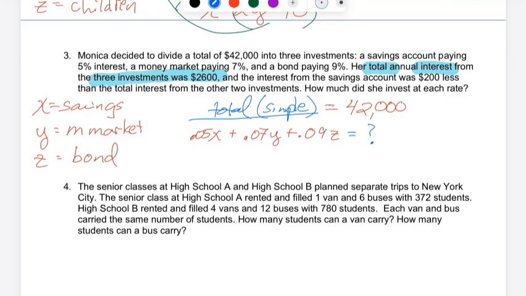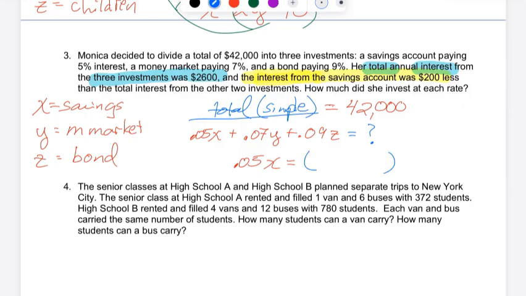All right, we've got one more equation to do. I'll keep helping you here. It talks about the savings account. When it says the savings account was, that means we can talk about something with x. But what you have to realize is that it's the interest from the savings account. The interest from the savings account isn't just x, but it's 0.05x. It says it was equal to the total from the 2 other investments.